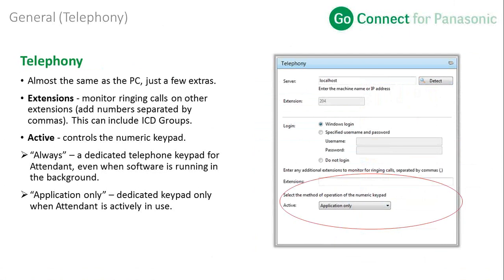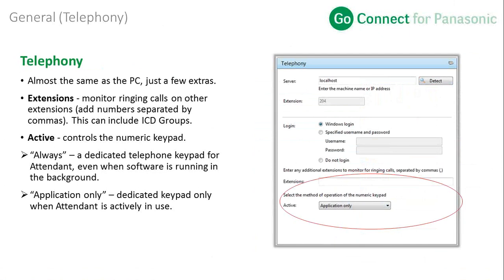Basically, under this active control, if we have this set to always, then every time you use the keypad on your keyboard, you'll start sending those digits, those numbers, to the attendant. If you have it set to application only, then the keypad will only start sending numbers to the attendant if you actually have the attendant running in the foreground, so showing the normal screen with a list of extensions and that kind of thing on it.